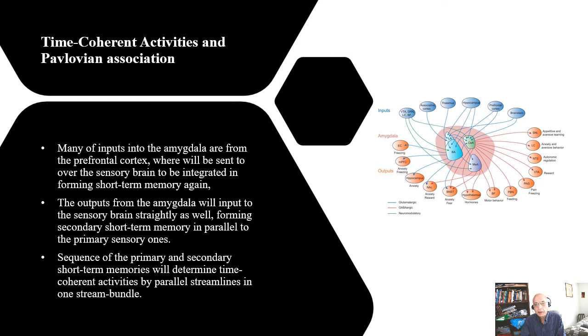If at the same time and forming the related short memories just in parallel, the related streamlines of the short memories will be bound together in a stream bundle. And in future, if one of those short memories continues for any action, the other one also will happen in parallel.